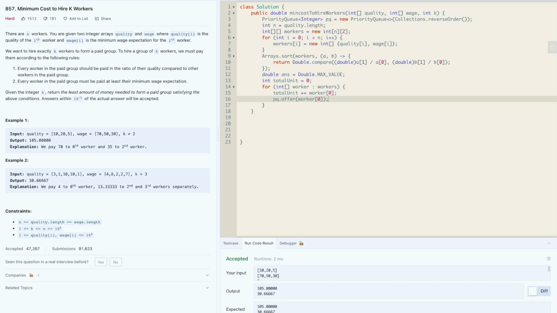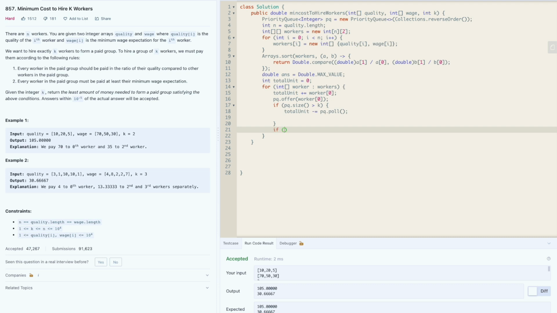And then we add the worker to my priority queue. If my priority queue size is greater than k, that means my total units needs to decrease by the most expensive worker, the one that takes the most units of quality, so we subtract that.